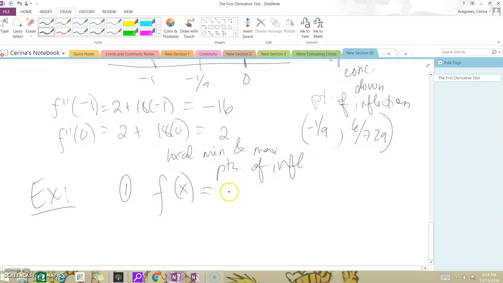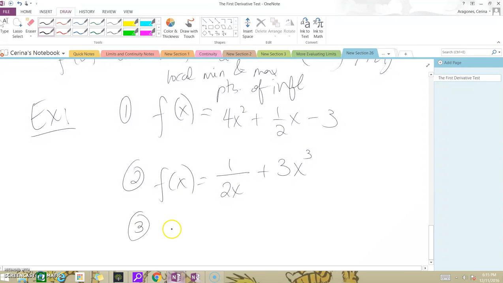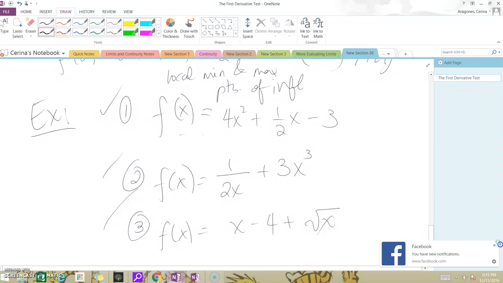So f of x equals 4x squared plus 1/2 x minus 3. f of x is equal to 1 over 2x plus 3x cubed. f of x equals x minus 4 plus root x. So try to see where the local min, local max, and points of inflection are for these functions using the first and second derivative test.